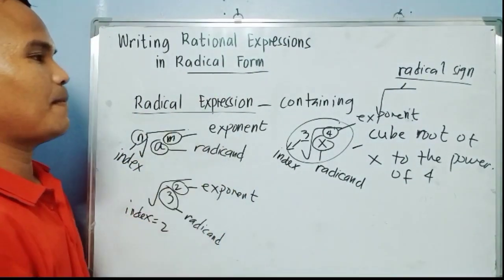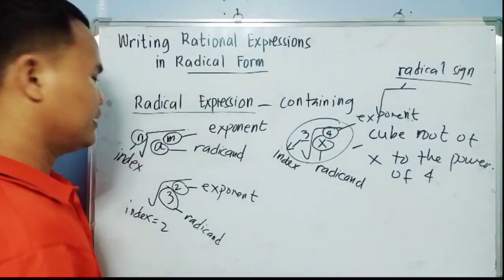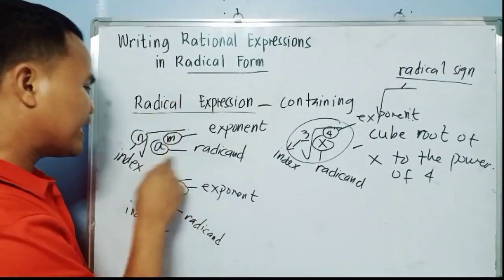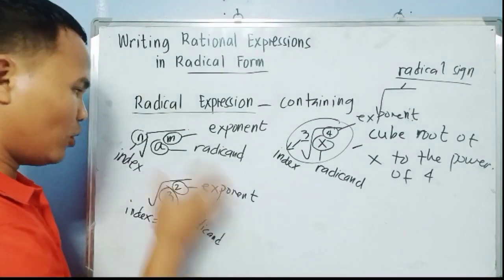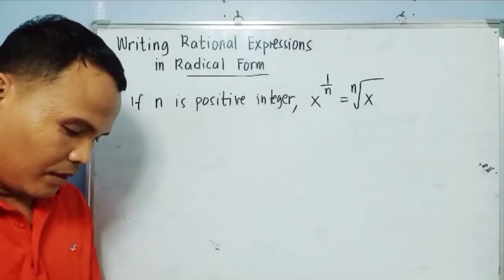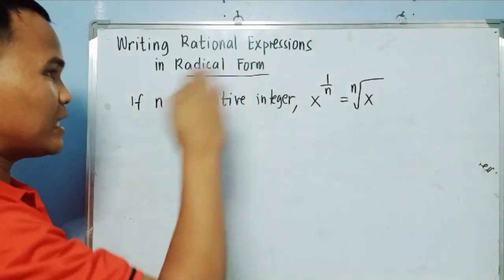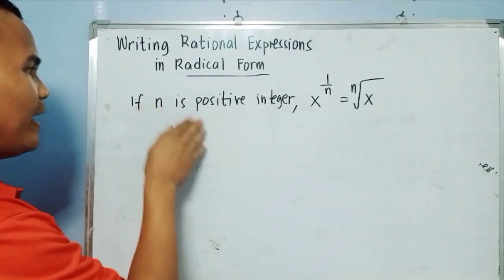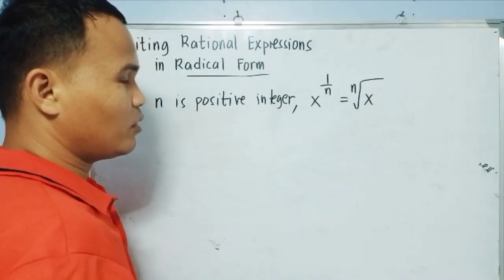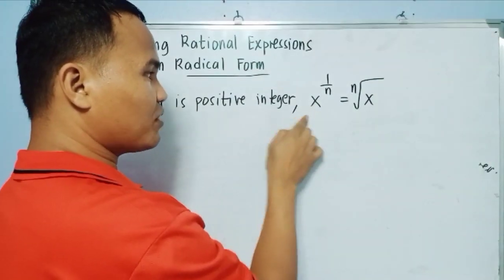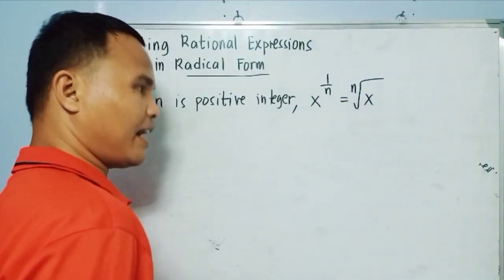So, nakabalo na tayo sa radical expression. Naa siya radical sign, naa siya radicand, naa exponent, naa pod siya kitawag index or order. Ang index kitawag sa order pod. Okay, this is the rule in writing rational expressions in radical form. If n is a positive integer, x raised to the power of 1 over n, meaning to say the exponent of x is a fraction, that is equal to the nth root of x.